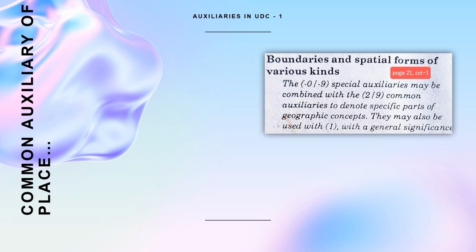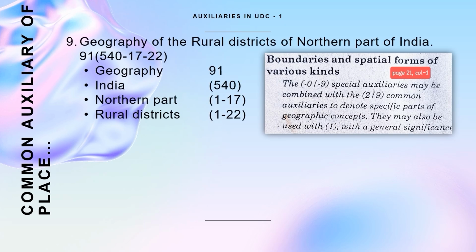Again, next example, geography of the rural district of northern part of India. Again, you see in the beginning of the place auxiliary there is an instruction in page number 21 column 1. The within parenthesis -02 to -9 special auxiliary may be combined with the 2 to 9 common auxiliary to denote specific part of the geographic concept. They may also be used with one with a general significance.